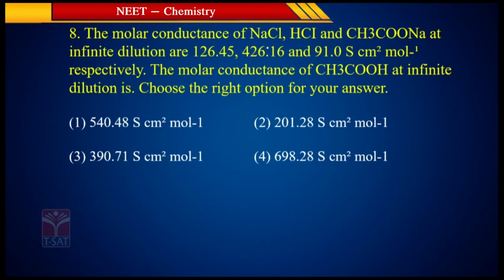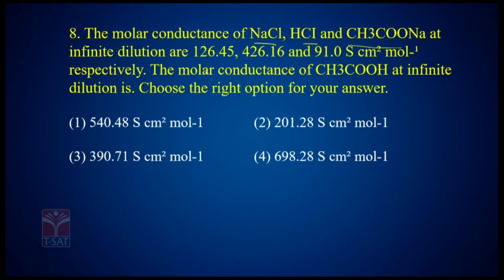Okay. And next, coming to the 8th question. The molar conductance of NaCl, HCl and CH3COONa at infinite dilution are given as 126.45, 426.16 and 91.0 Siemens centimeter square mole inverse respectively. Find the molar conductance of CH3COOH at infinite dilution. So what information do you have?